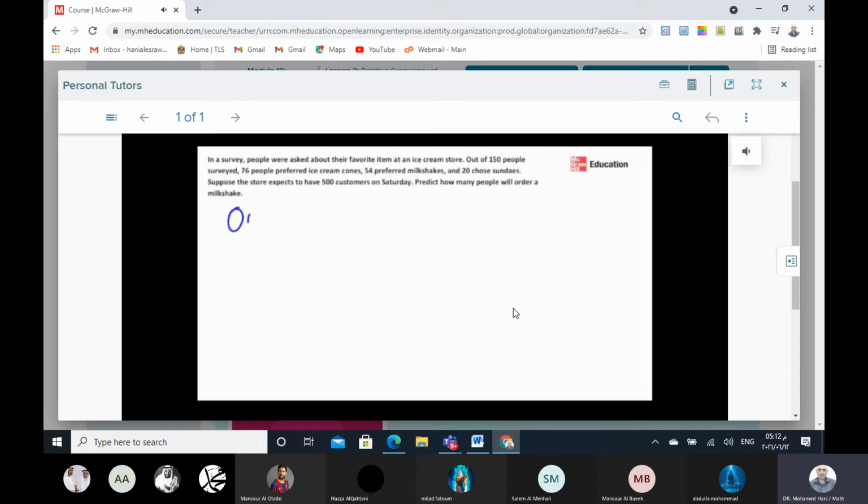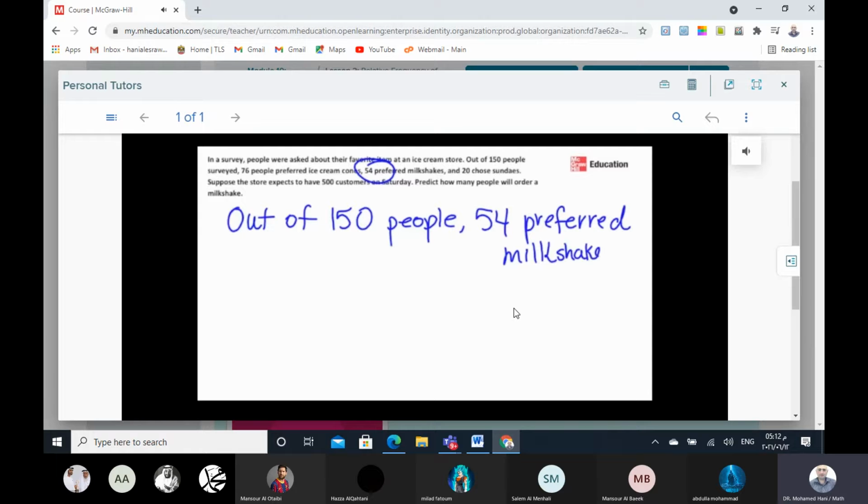Out of 150 people, 54 preferred a milkshake. Which means the probability is 54 out of 150, which simplifies, if we divide by 6, to 9 over 25.